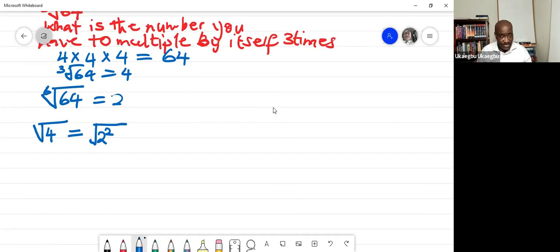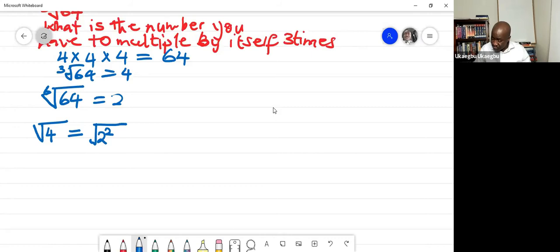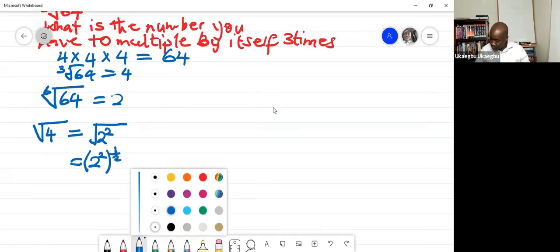Yes. All right. Now, instead of writing square root of 2 raised to power 2, we can also write 2 raised to power 2 bracket 1 over 2. Which means the radical is actually putting the exponent in fraction. Once you have an exponent in fraction, that's a radical right there.